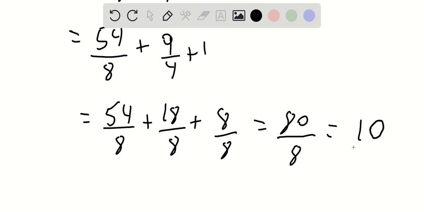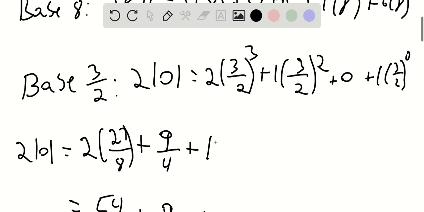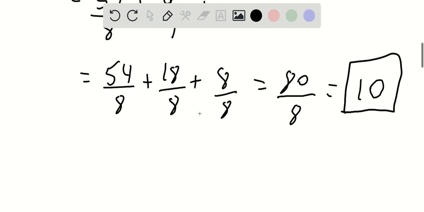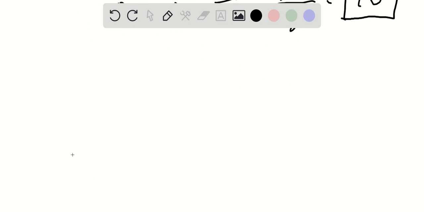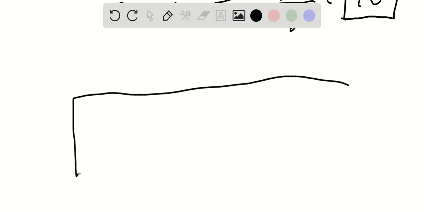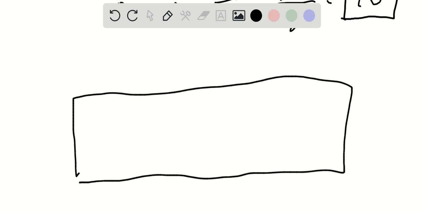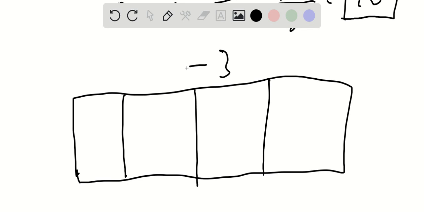So the whole number 10 can be represented as a sum of powers of 3 halves, and we can actually see this if we go ahead and use a 3-to-2 machine. If we use exploding dots, we could see this if we just put in 10 dots. 1, 2, 3, 4, 5, 6, 7, 8, 9, 10, right? And do the rule here.